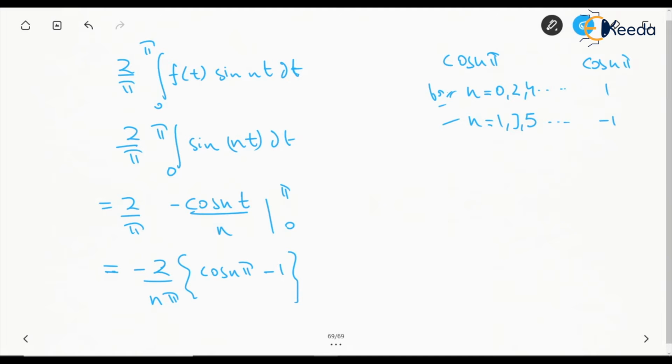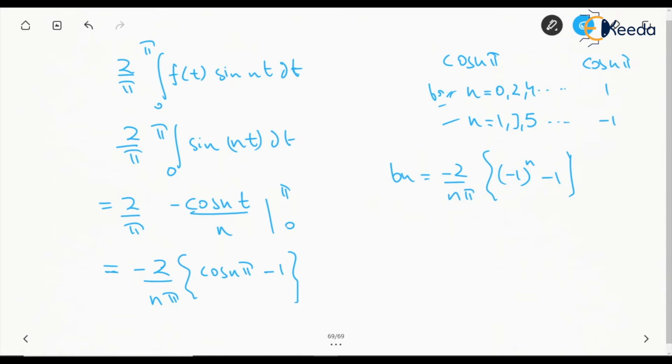We can say that this Bn is going to be minus 2 by n pi into minus 1 to the power of n minus 1, right? Because for even power it will be 1, for odd power it will be minus 1.